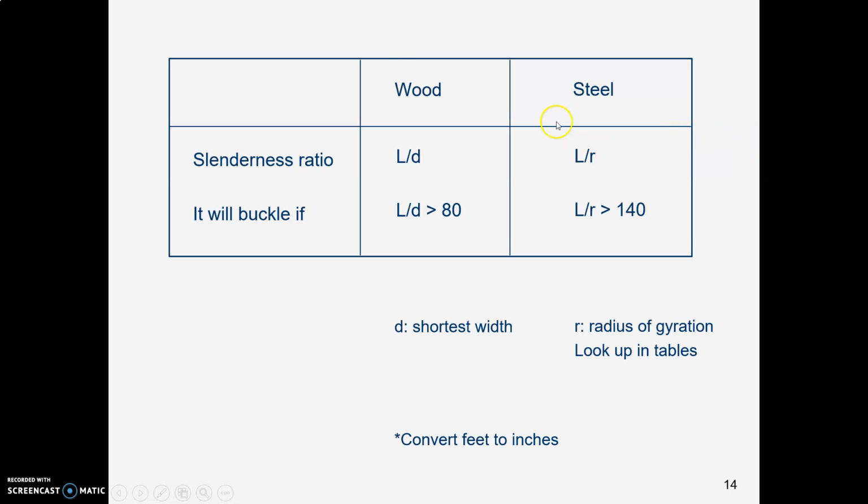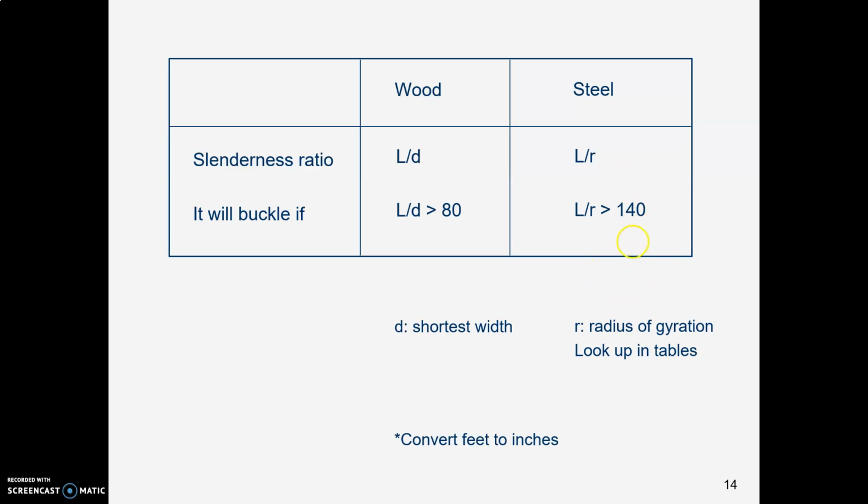So here we are in a table. With a wood column, the slenderness ratio is length divided by shortest width. And if that ratio is greater than 80, it will buckle. For steel, the slenderness ratio is length divided by radius of gyration.